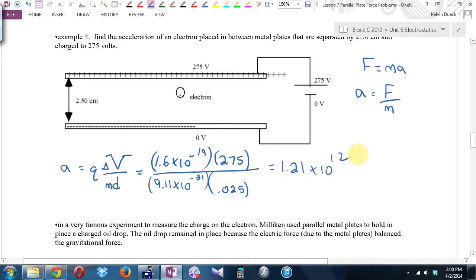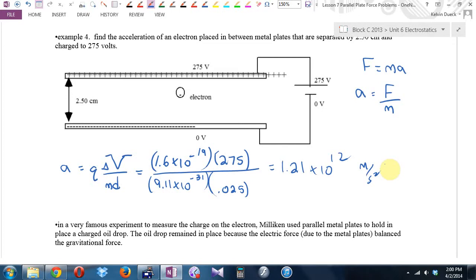Units, it's an acceleration, meters per second squared. Mr. Dueck, isn't that bigger than the speed of light? I don't know, that's an acceleration. If it accelerated for an entire second, yes, that electron would be violating the law of the universe and going faster than the speed of light. I don't think it's going to take a full second to go 2.5 centimeters.